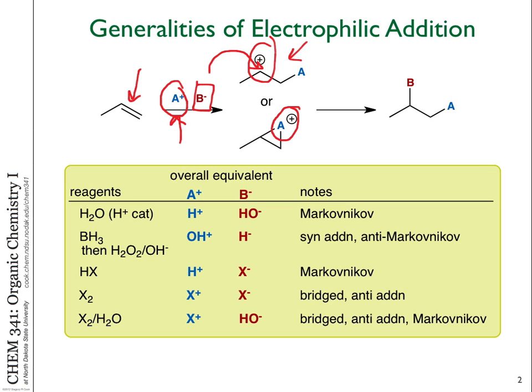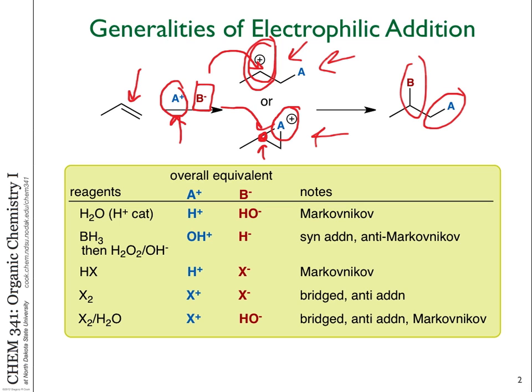Or in a bridge species, it's also going to add to the more substituted carbon because even though the carbon itself doesn't have a full plus charge on it, there's more plus charge on that middle carbon than there is on an end carbon. So the substitution patterns, the way you think about which direction groups add, is a general phenomenon that we see. And so regardless of this or this intermediate, we see our plus group added on the end and the minus group added on the more substituted carbon.